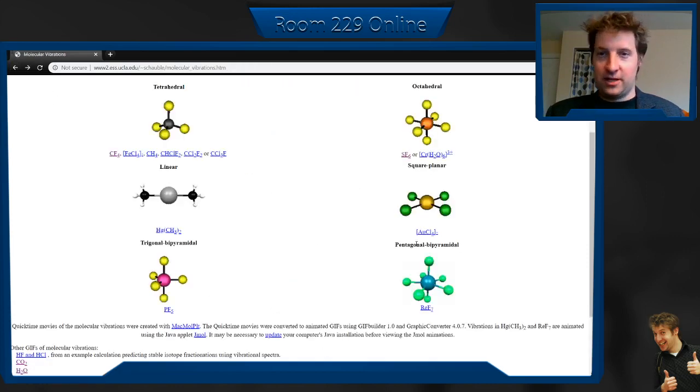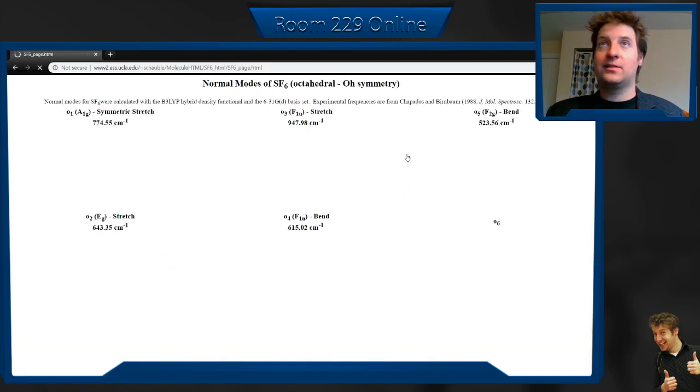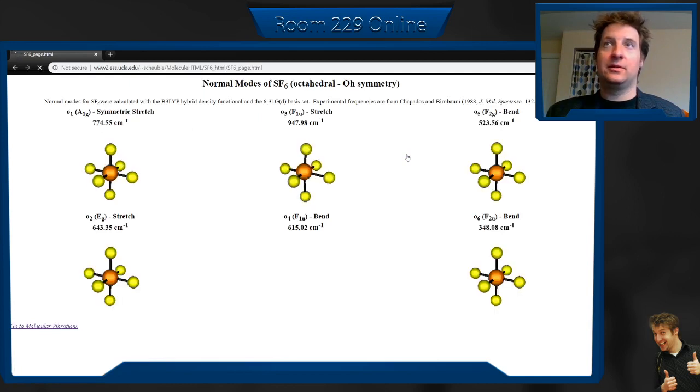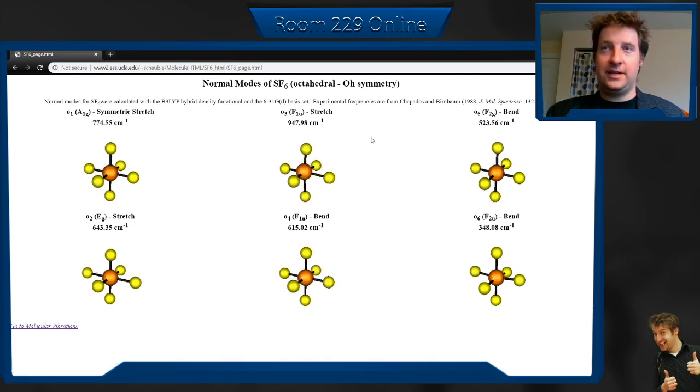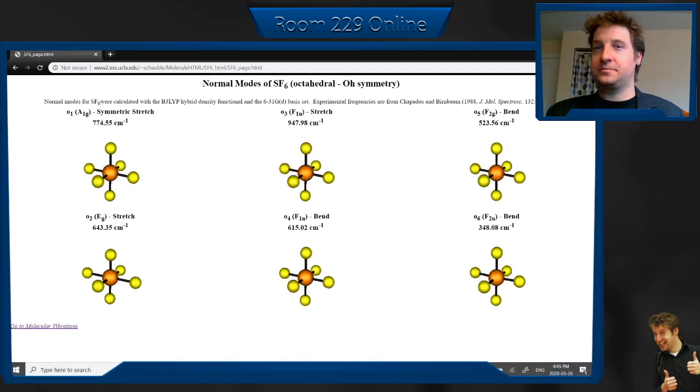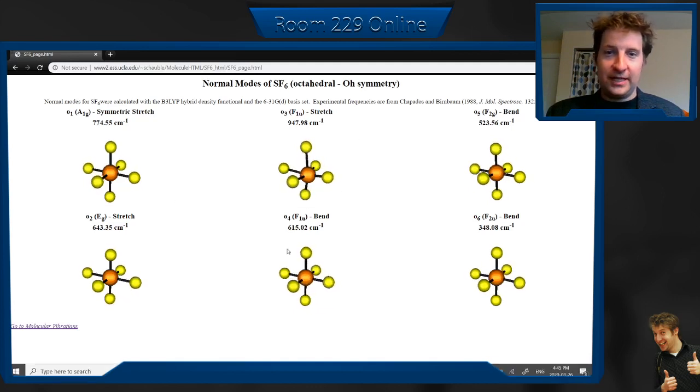All right, let's try another one. Let's look at sulfur hexafluoride. What's that going to do? Let's load it. Look at all these wobbly dudes, all these different modes. Look at this guy. As you can see, there are multiple ways in which things can oscillate.